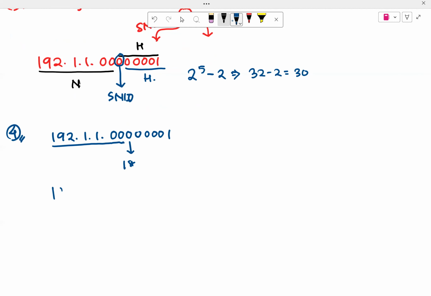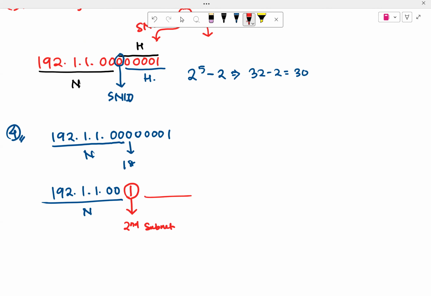If I put 0, 0, the network is always unchanged, and I put 1 here, that means it is the second subnet. And the rest are the host.